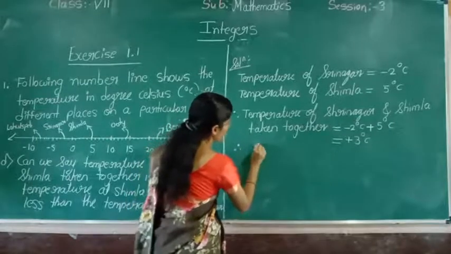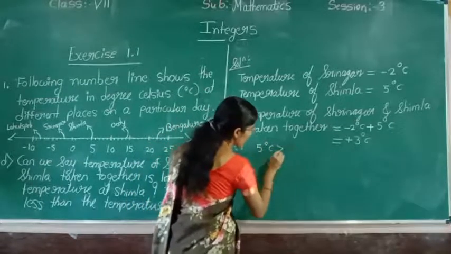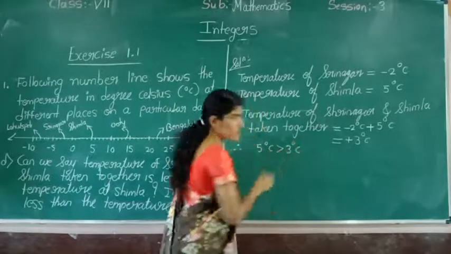Therefore what we can tell? Therefore 5 degrees Celsius is greater than 3 degrees Celsius. Yes or no?